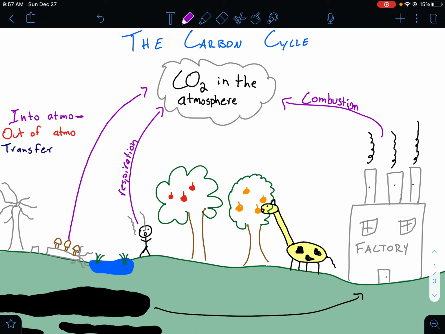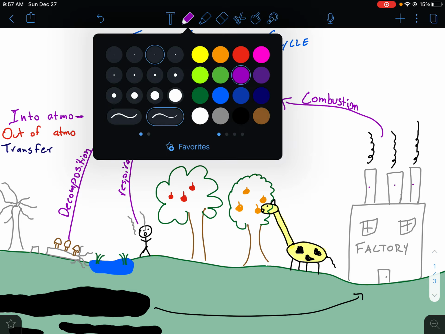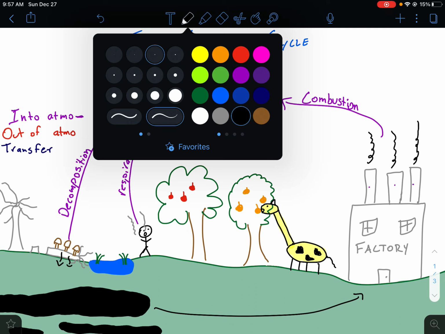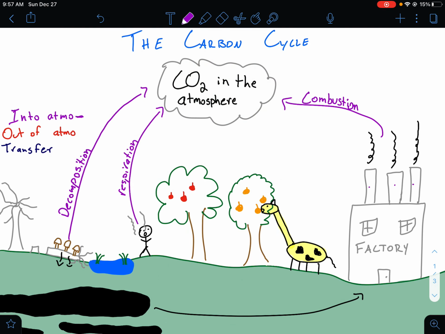What they're doing is they're breaking down this dead tree, and they're doing that through the process of decomposition. If you remember from the notes, this sends carbon into the atmosphere, but it can also send some carbon into the soil here. So I'm going to honor that and draw those arrows in there. So the process of decomposition adds CO2 to the atmosphere.